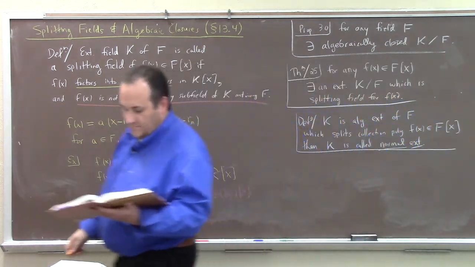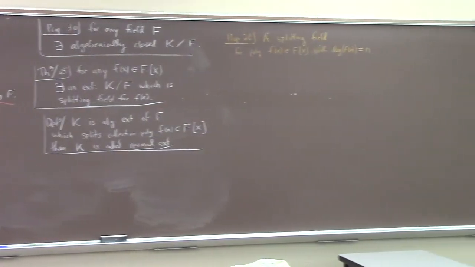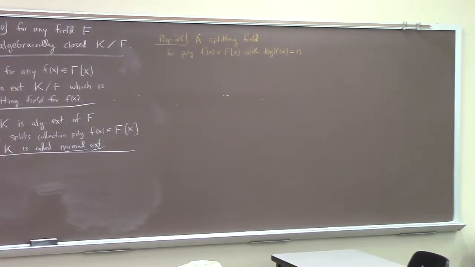So a splitting field for an nth degree polynomial over F is of degree at most n factorial over F.